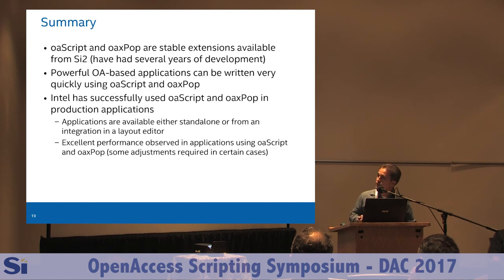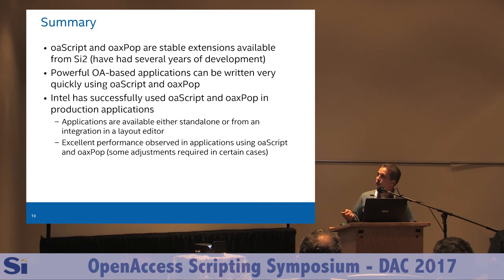So basically, to summarize, the oaScript and oaxPop extensions are very stable. They're available through SI2, and we are very heavily dependent on them now. It represents one of our core capabilities, I'll be honest with you. It's very important to us. By using both of these, you can create very powerful OA-based scripts that work directly with the OpenAccess database.